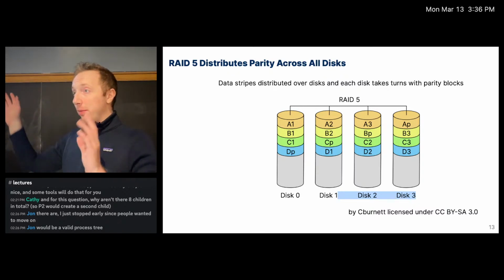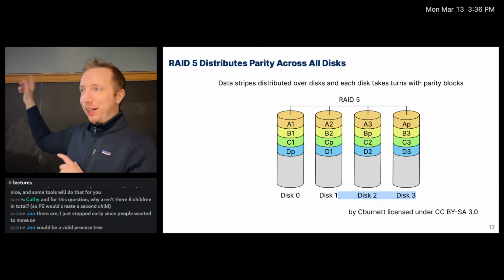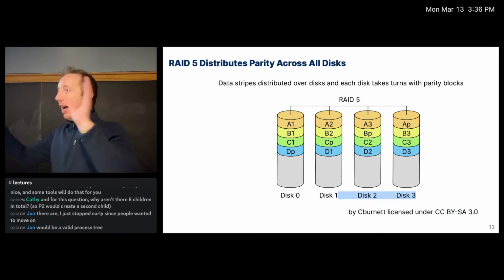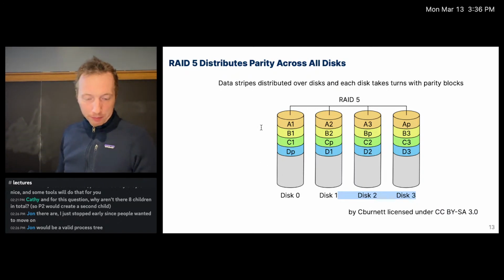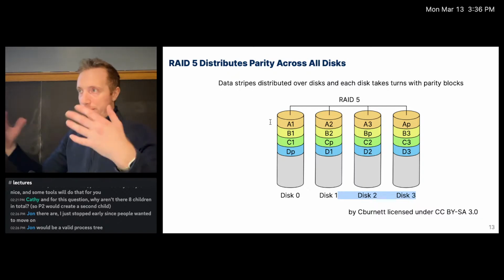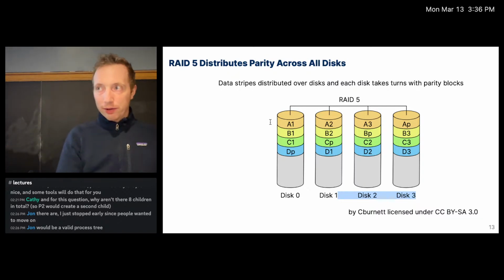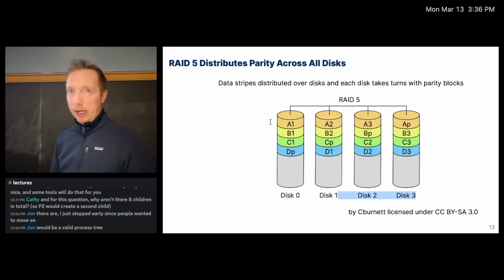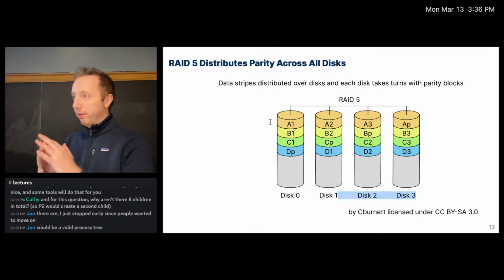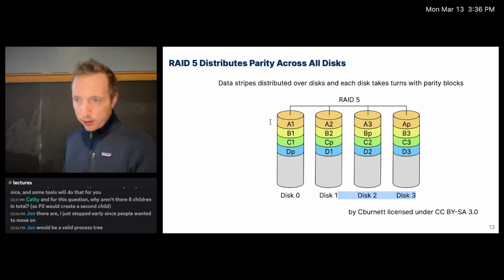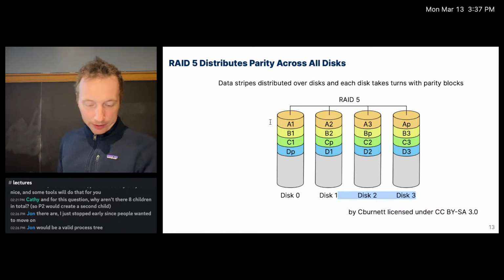So you can come up with cases where one disk will still be a bottleneck, but on average, it will be distributed across all of them. So if I'm writing to all the files, it's not concentrated on one single disk I'm waiting for. It just improves the average time. So it doesn't reduce the number of writes or anything, it just makes it distributed a bit more. So you can still come up with cases where this still has an excess of writes, but in general, on average, it gets better.